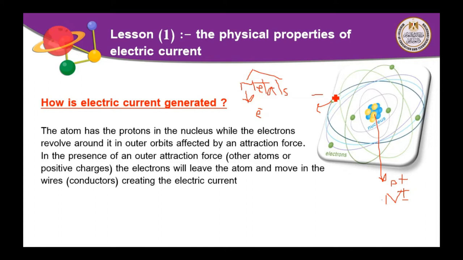Both of them are equal, so the atom is neutrally charged. Yes? But what happens during the chemical reaction for metals such as magnesium, sodium or aluminum?